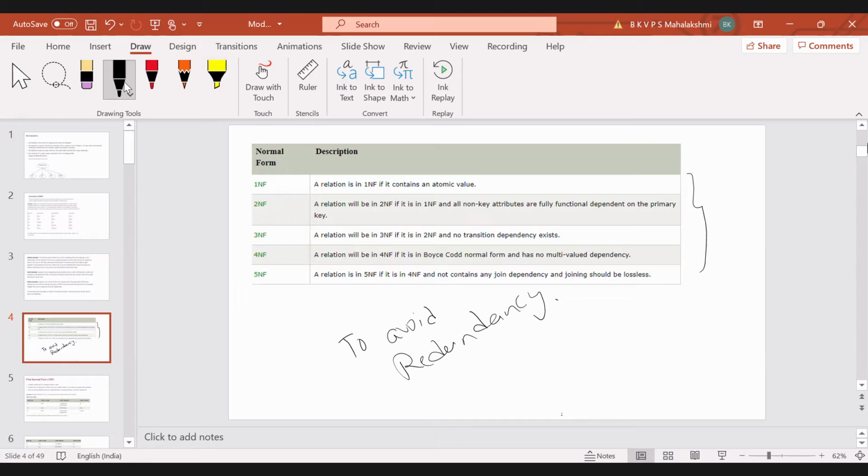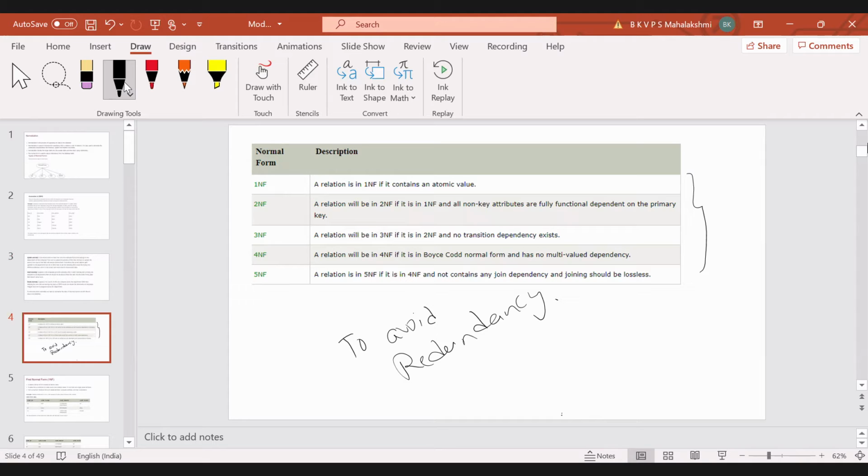Okay, so ma'am, if we identify that a particular relation is in 3NF or 4NF, what is the use? If it satisfies the highest normal form, that means it has very low redundant data.